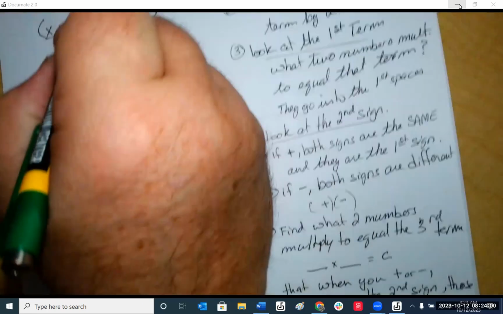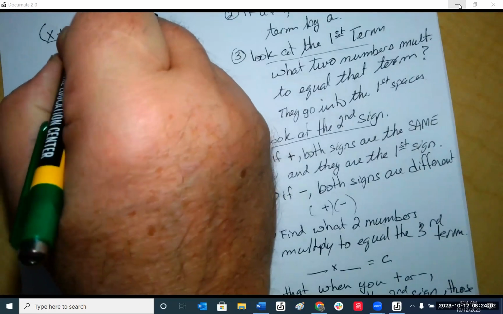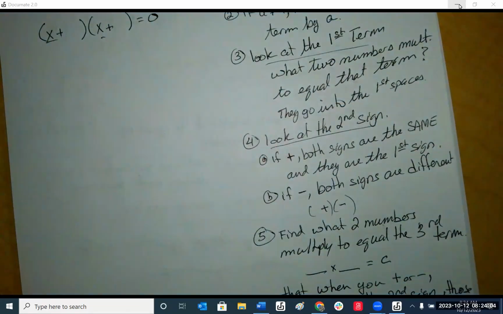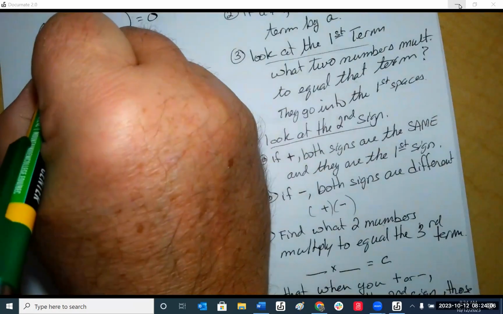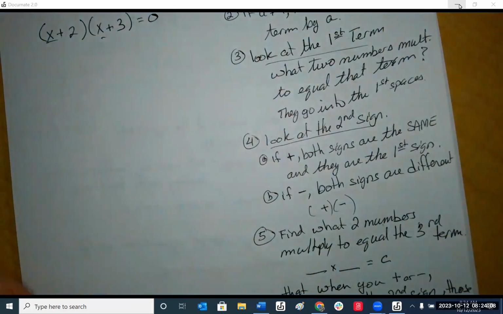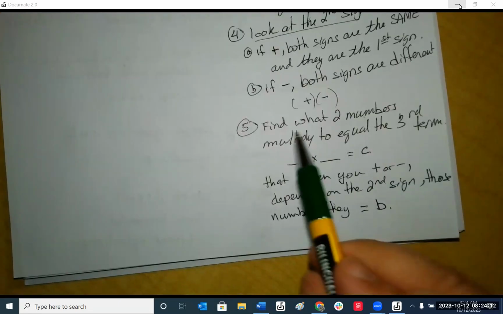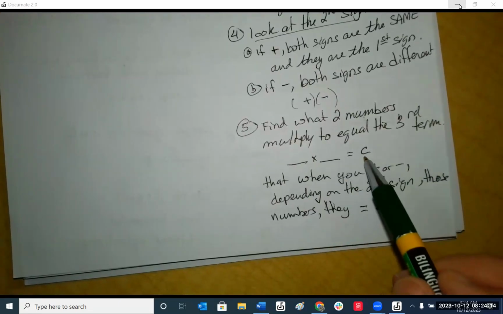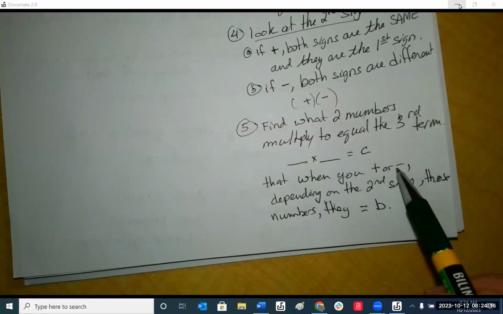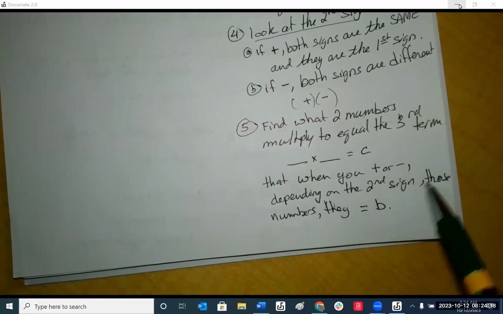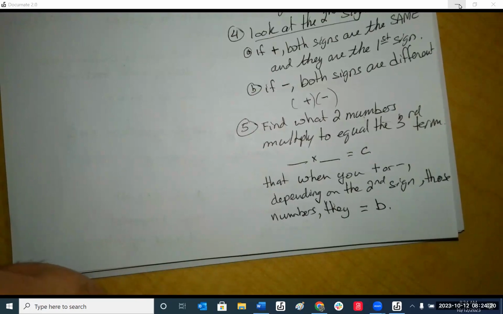So what two numbers multiply to give you 6? When you add them, you get 5. 2 and 3. That's what this last one says. Find two numbers and multiply equal to the last term, that when you add or subtract them, depending on what the second sign is, then you get the middle term, the middle coefficient.